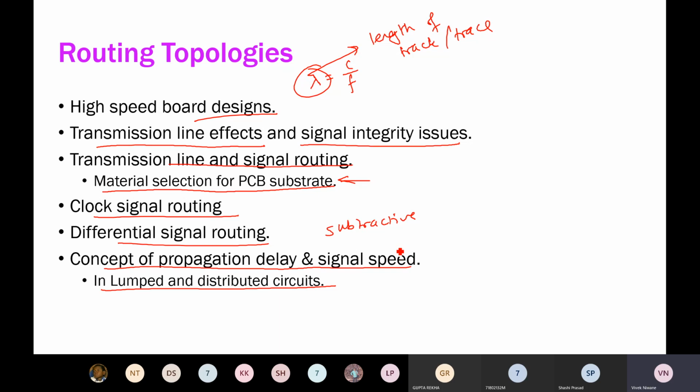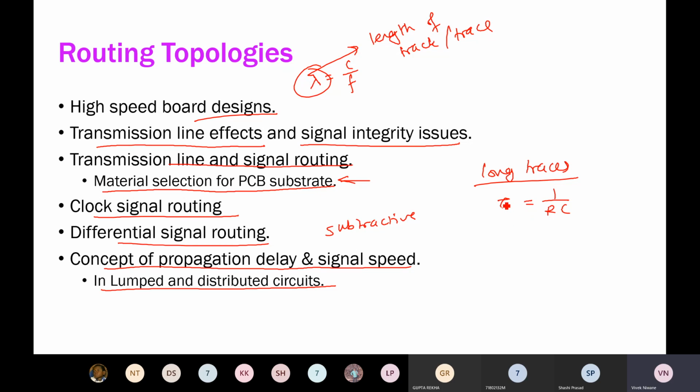Whenever we have long tracks, long traces, those will be associated with capacitances and inductances. So we will always have the propagation delay, 1 upon RC component, associated with the tracks.